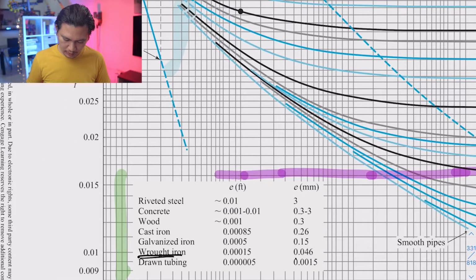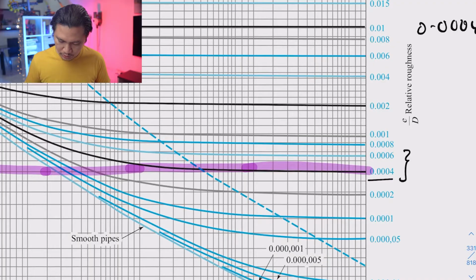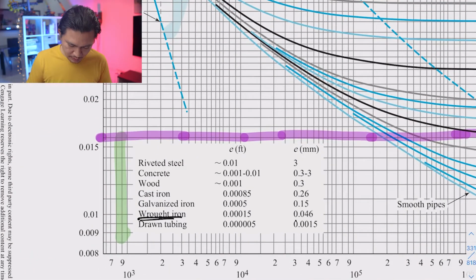Okay, and I'm going to get my friction factor here, but this is actually between 0.004 and 0.006. So probably it is a little bit upward, that is here. Okay, so that's what we're going to do here. So it may be here.